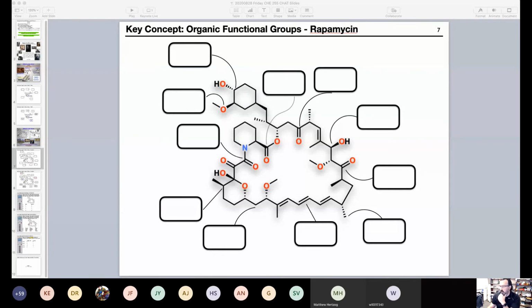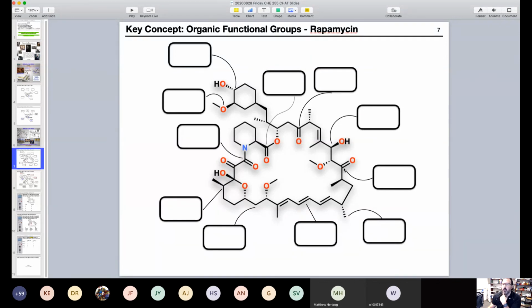So I posted a question in the chat. This carbon here of the ketone, it's at oxidation state what? Type a number in the chat box. What do you think it is based on that logic? So it's oxidation state 2.